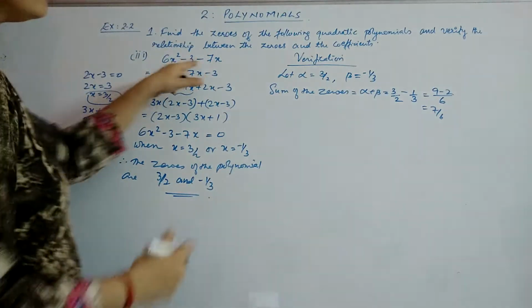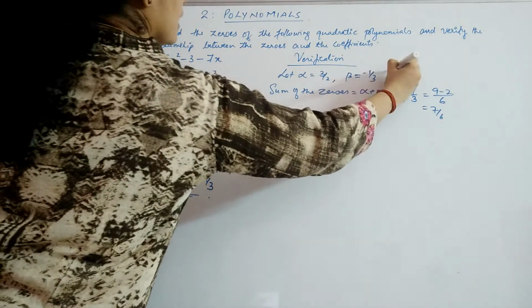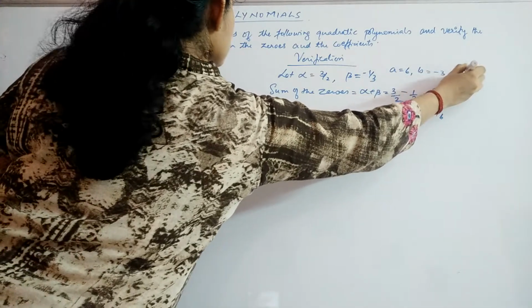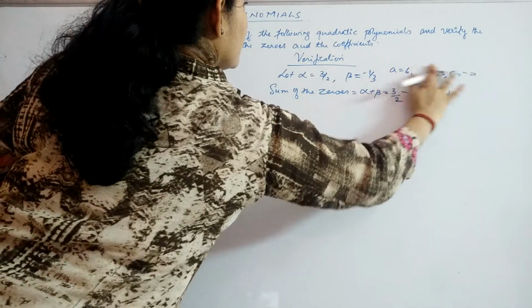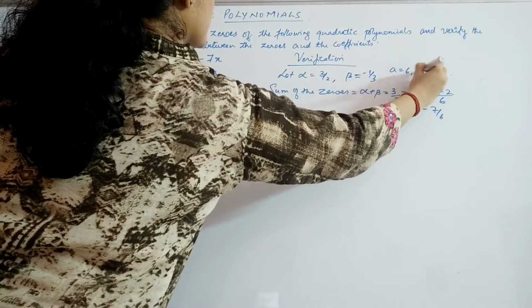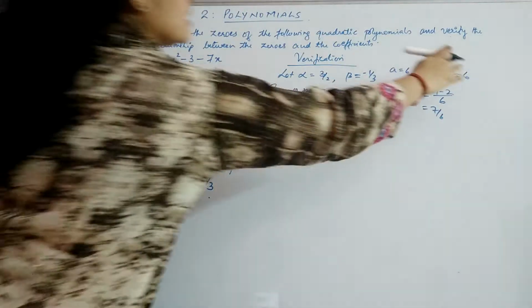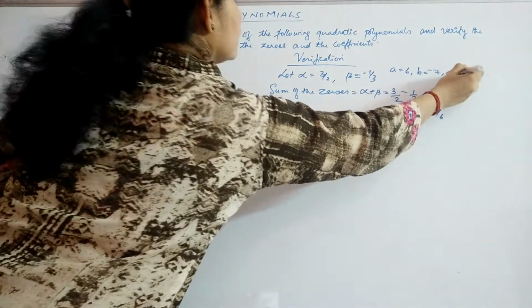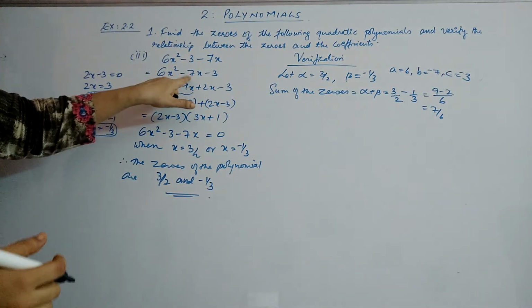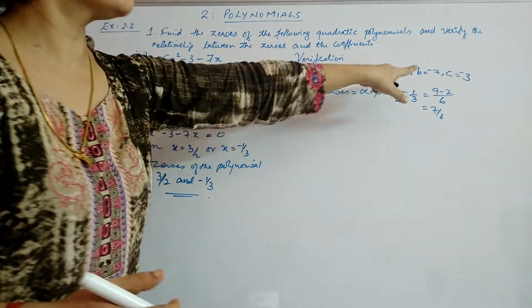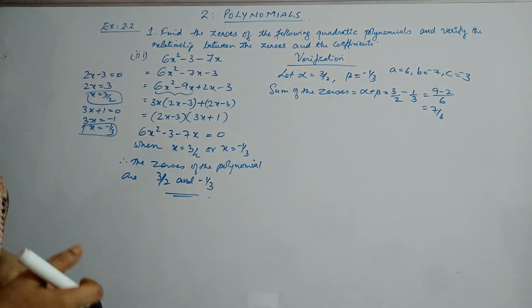Okay. Now we'll go for what is A, B and C. We have rearranged and written the polynomial, so here the coefficient of x is B. So A is 6, B is minus 7 and C is minus 3.